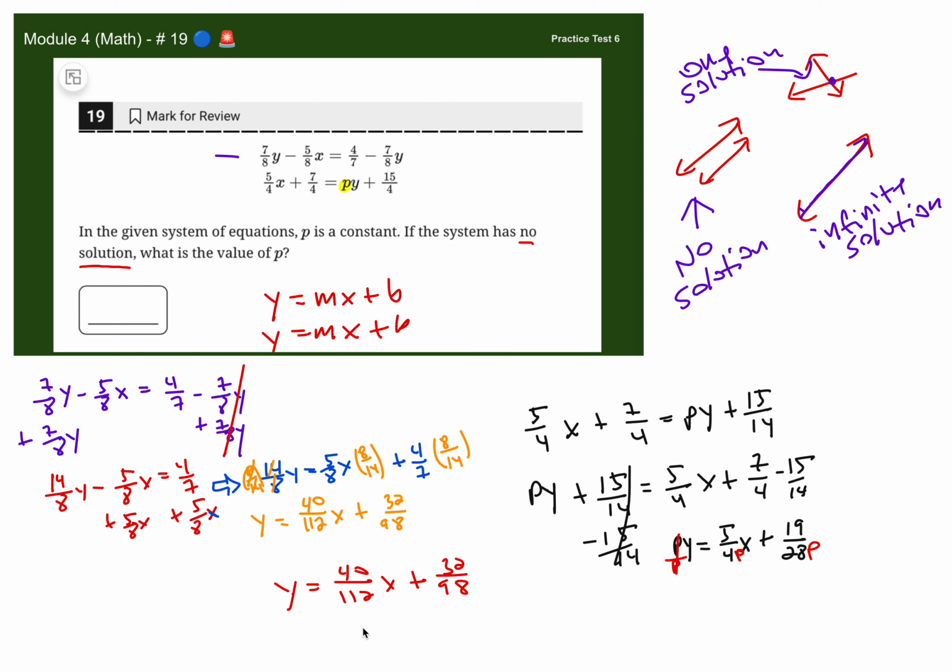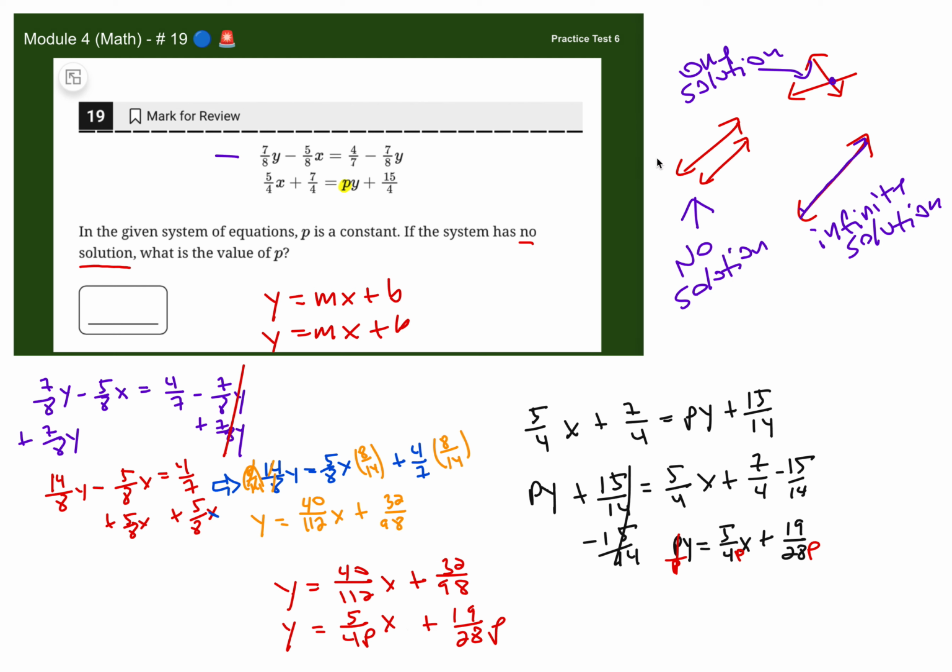And our second equation, from right here, which is y equals 5 over 4p x plus 19 over 28p.